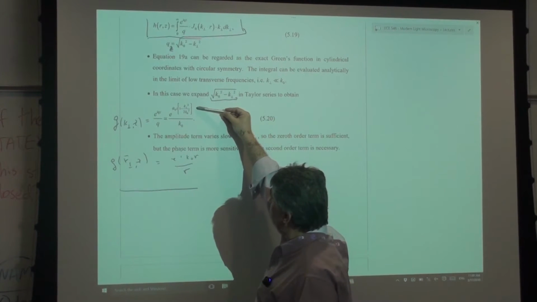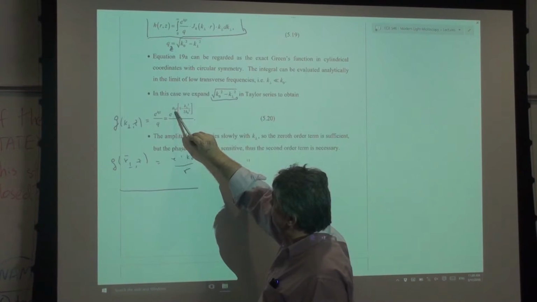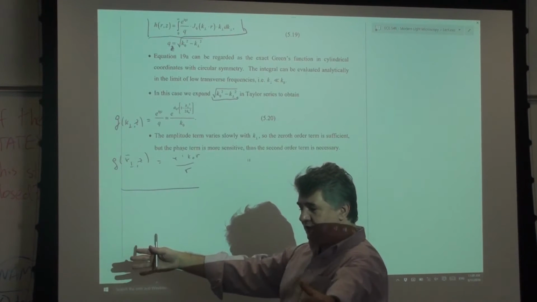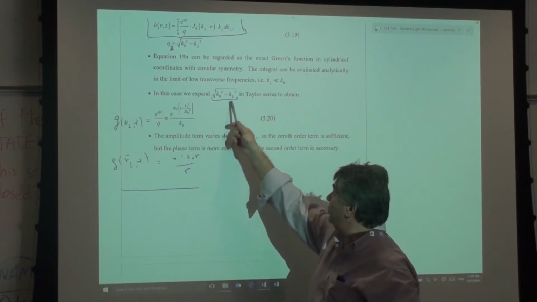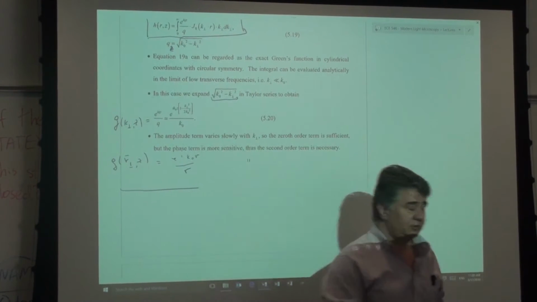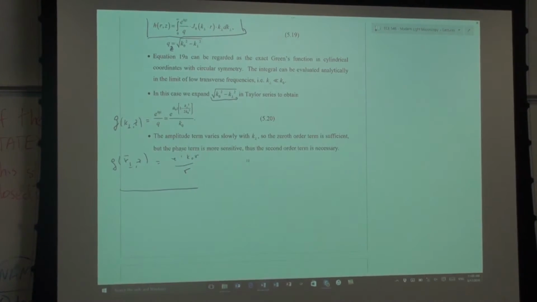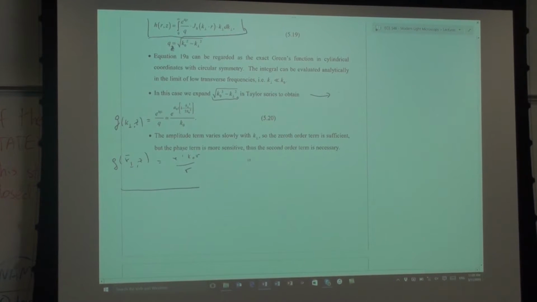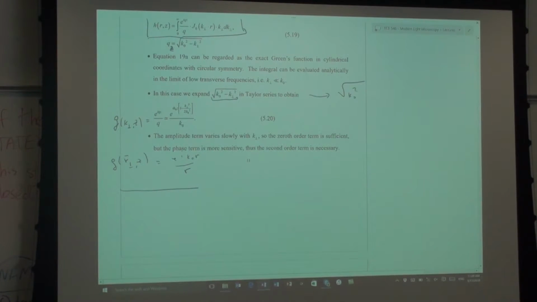Notice what this tells you: because I made the small angle approximation, it's implicit in this Taylor expansion. Let me write it one more time to make sure everybody understands. k naught squared minus k perpendicular squared is exactly equal to k naught squared times 1 minus k perpendicular squared over k naught squared.